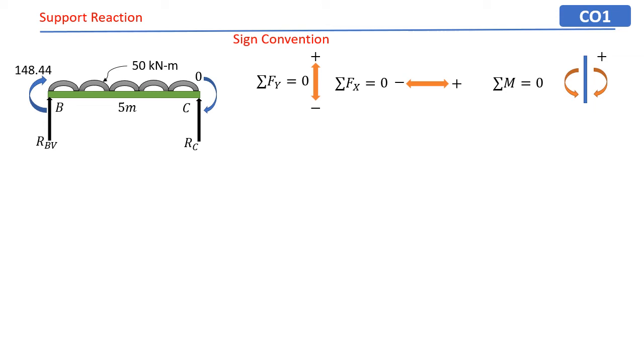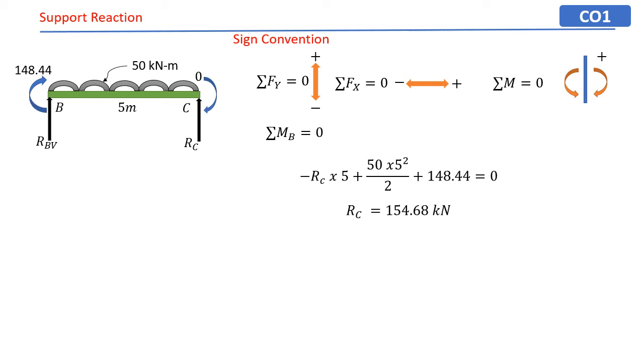Summation Fy, summation Fx, and moment at B is equal to 0. Then moment at B is equal to 0. We apply minus RC into 5 plus 50 into 5 square by 2 plus 148.44. So this gives RC is equal to 154.68 kilonewton.